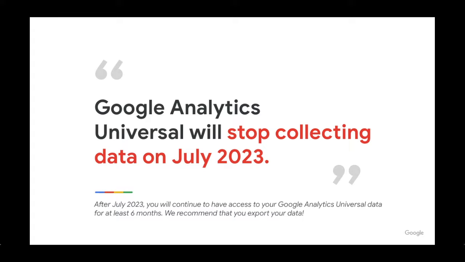When you create a new GA4 instance, if you create a new property or upgrade to GA4, whichever you select will not affect your UA account or delete it. After 2023, you will continue to have access to your Google Analytics Universal data for at least 6 months. We recommend you export your data.